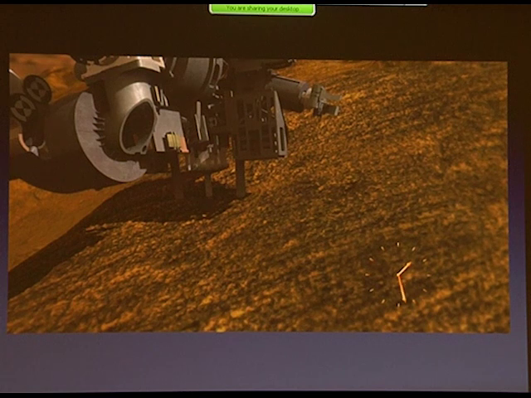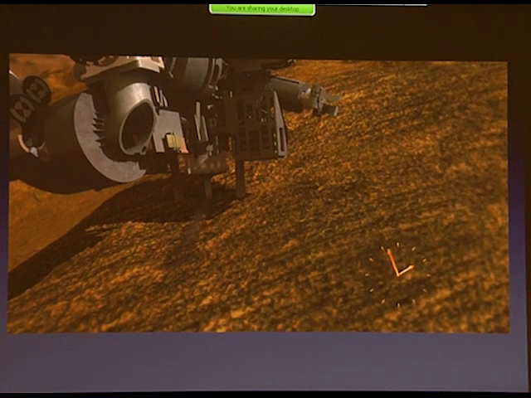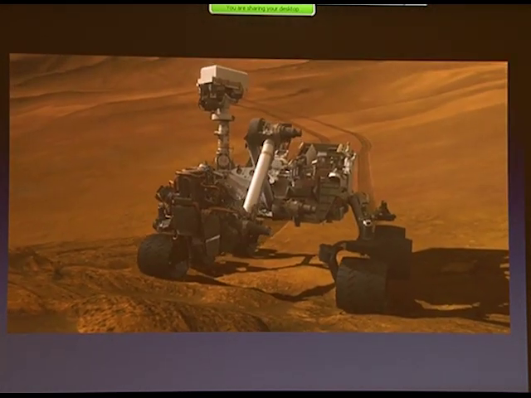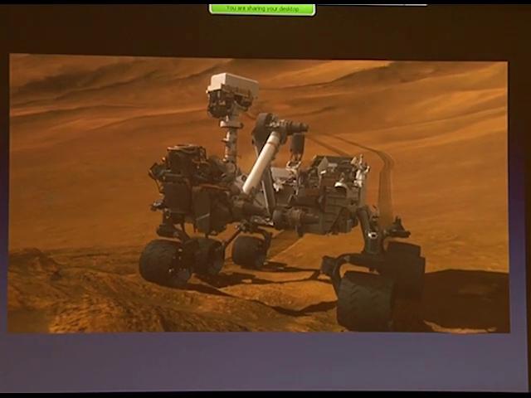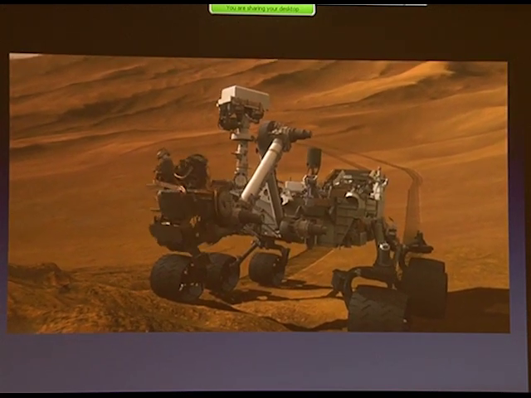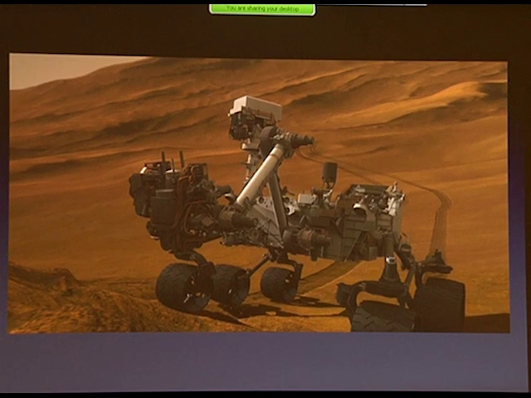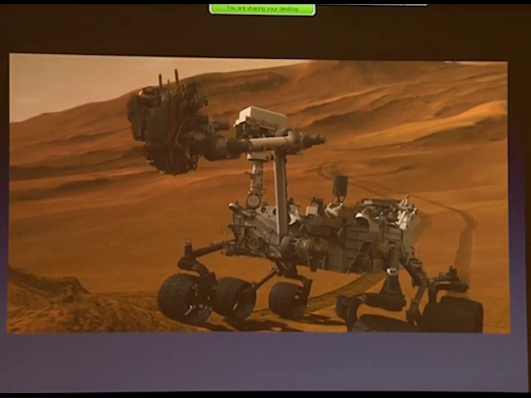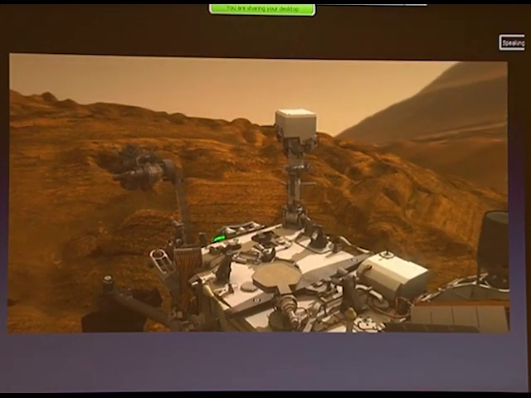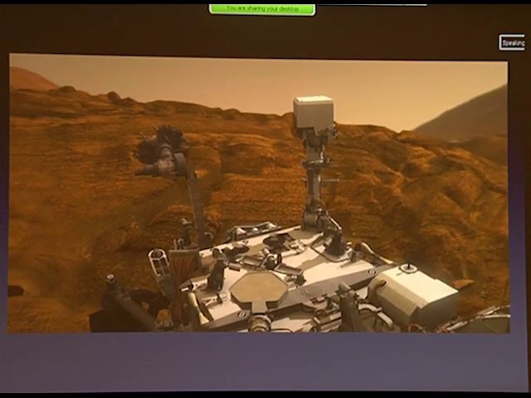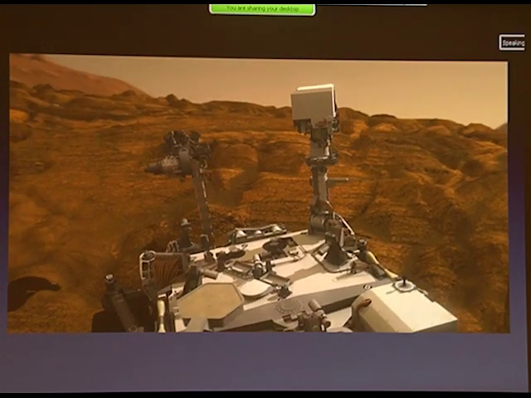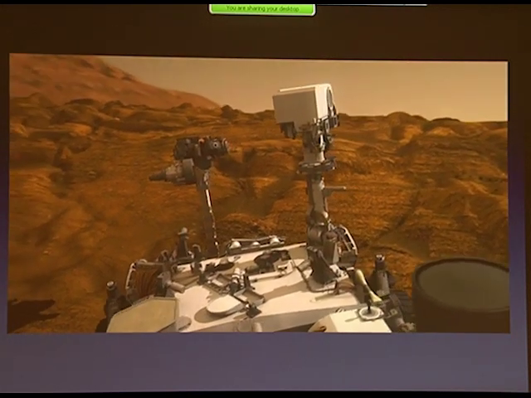It's absolutely massive. So there's a drill, right? And there's also, in the bed of the rover, something called SAM, which is sample analysis at Mars.